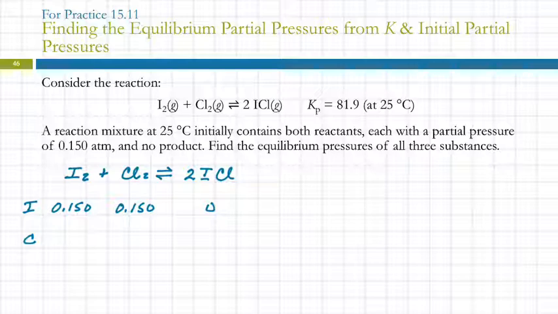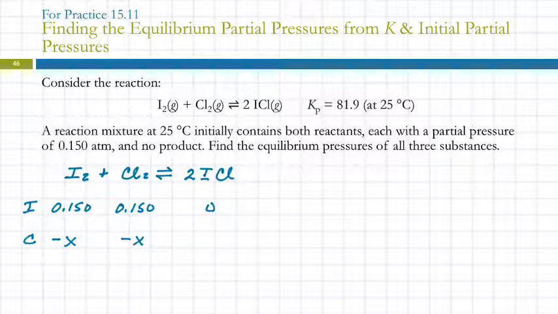I'm going to make x be related to the I2. It'll also be to the Cl2. Something with a coefficient of 1 makes everything simpler. So the change for I2 is minus x, the change for Cl2 is minus x. And what's the change for the ICl?